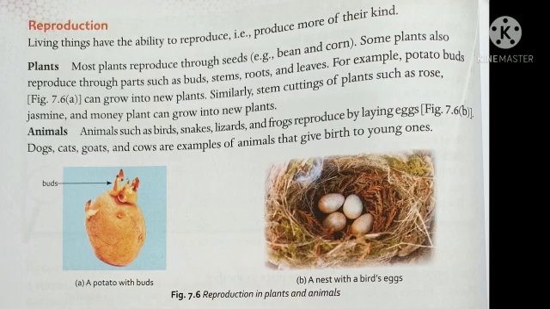For example, potato buds can grow into new plants. Similarly, stem cuttings of plants such as rose, jasmine, and money plant can grow into new plants. While animals such as birds, snakes, lizards reproduce by laying eggs, dogs, cats, goats, human beings are the ones who give birth to the young ones.